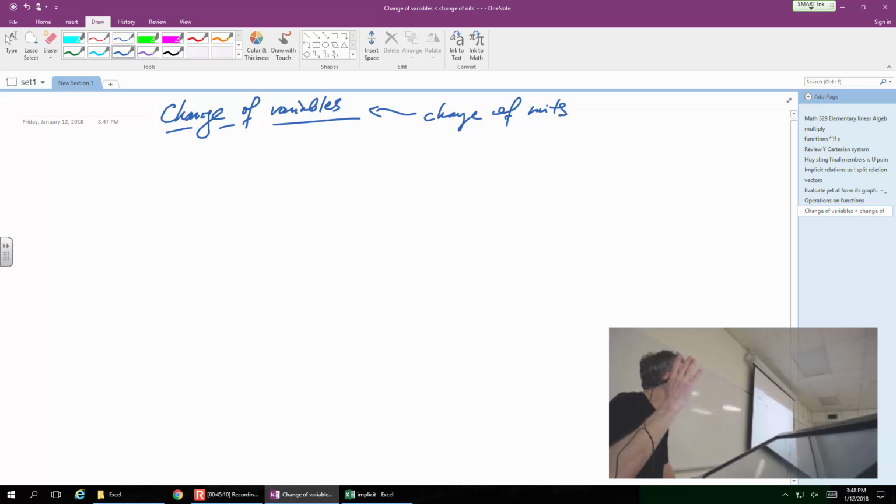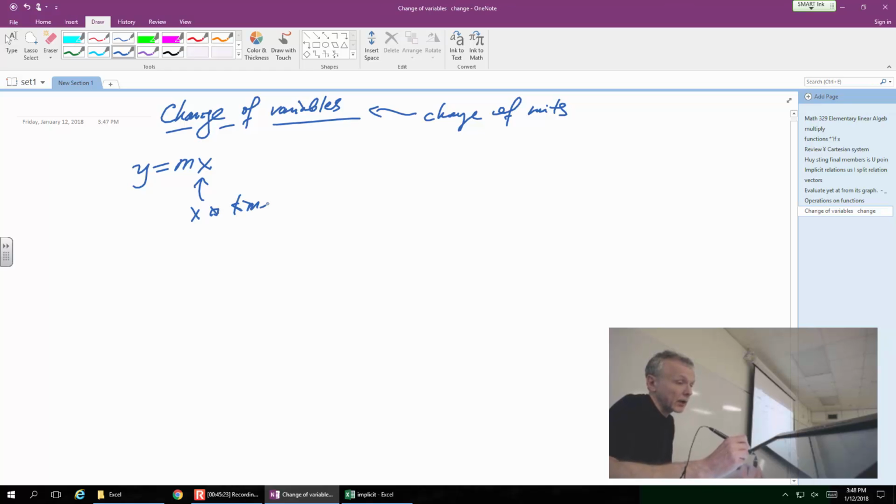So you have a function, and maybe the input is x, maybe x is time, and it is measured in seconds. Then you have a new function, and you decided for some reason that you still have time, but it is measured in minutes.